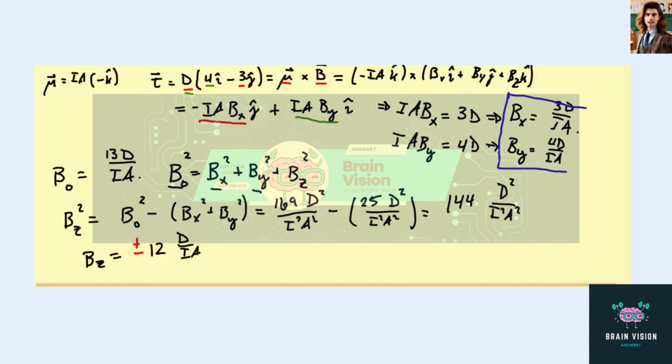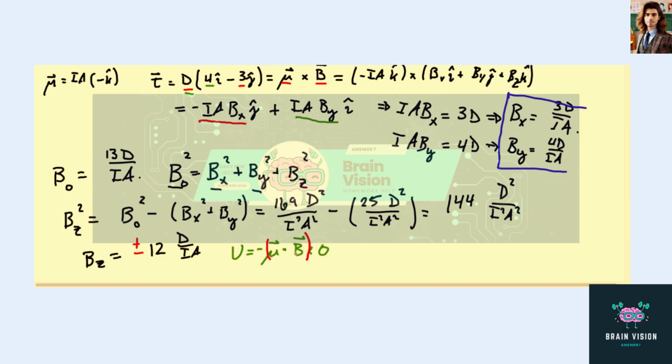The final piece of information that the problem gives us is that the potential energy, which is equal to minus mu dot B, is less than 0. If I rewrite this knowing what I know, I know that the magnetic moment points in the minus z direction. If this whole thing is negative, then the part in red is positive.